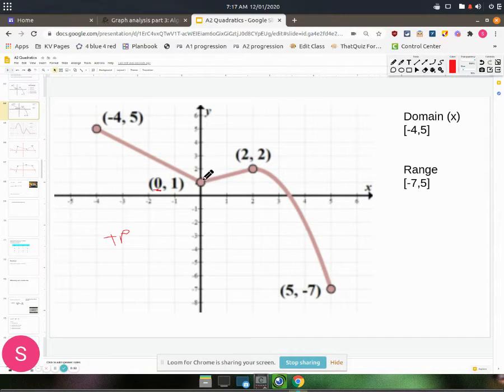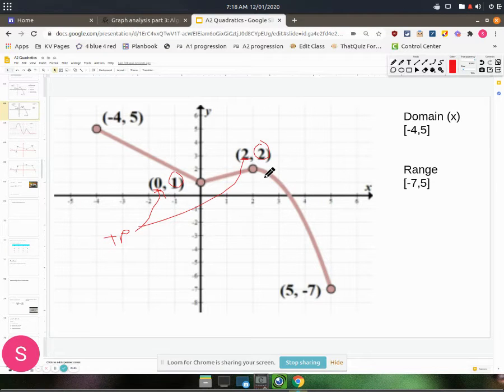So that would be one of our turning points, and it'd be 0. All right, and then the other turning point would be right here where it goes from up to down. So it'd be this 2, all right, that x value there.